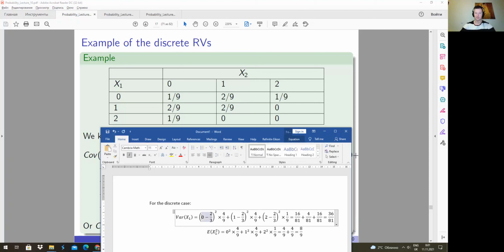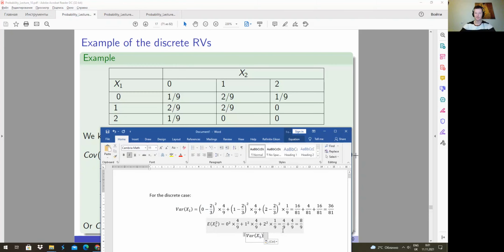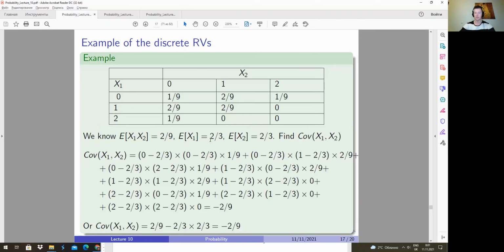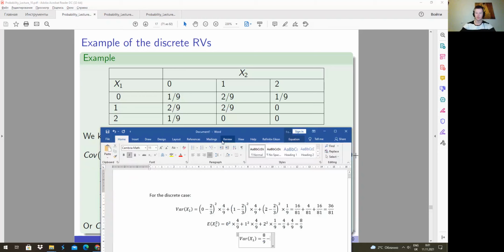And now the variance of x1 can be calculated as this 8 over 9 minus the squared expectation of x1, which is 2 over 3 squared. Right, so it's 8 over 9 minus 4 over 9, which gives me 4 over 9.